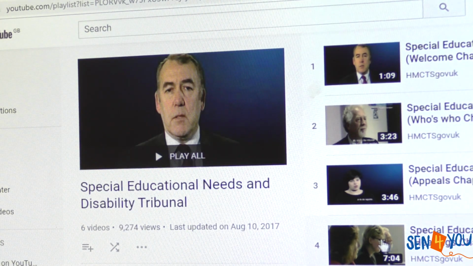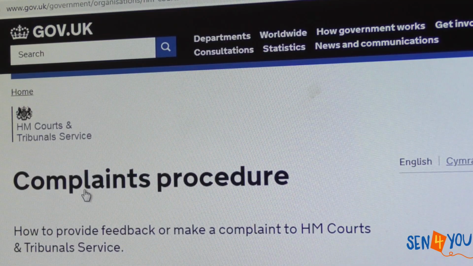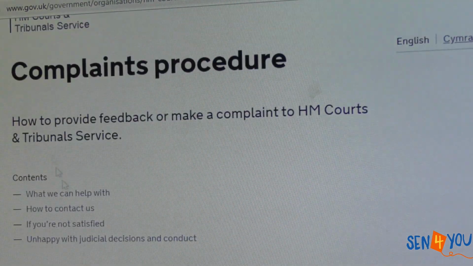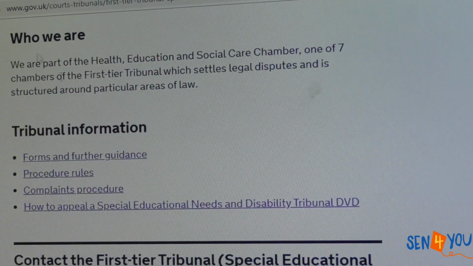It's quite old but quite useful. It's a bird's eye view of what a tribunal looks like from the perspective of the judges, lawyers and parents who've accessed it. So if you're going to tribunal, it is well worth having a watch of that video. If you're not happy with the tribunal, there's a complaints procedure that you can access, and that's all fairly self-explanatory.